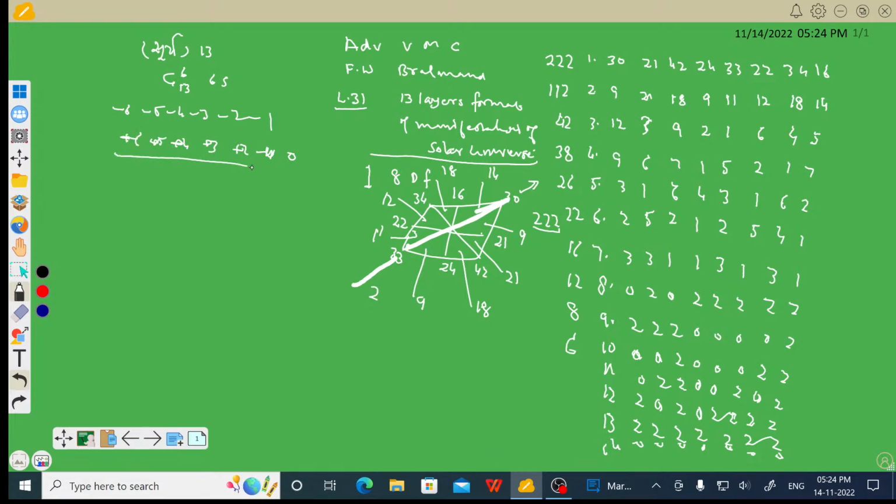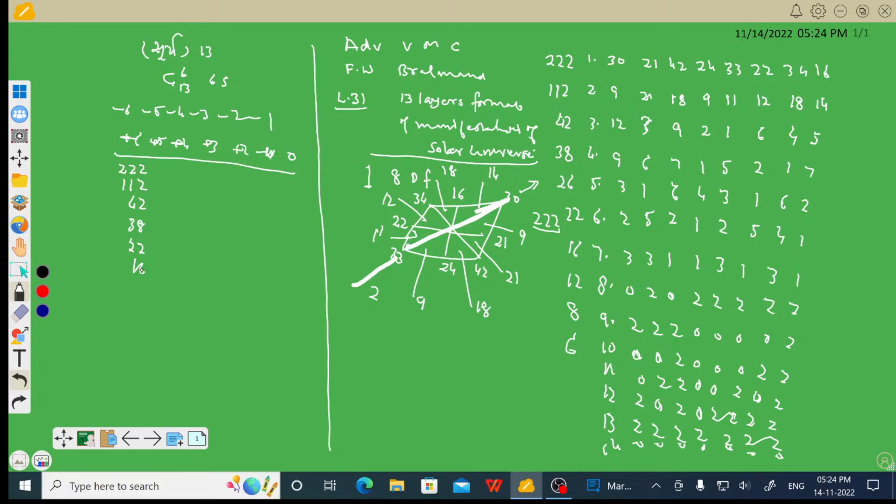Now, these 13 geometries are having their representative formats, layers, and these format layers are as is being tabulated here. We begin with the 8 directional frame of value 222, then it is 112, then it is 42, followed by 38, 22, and 16.